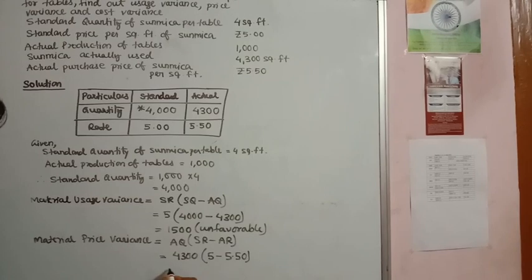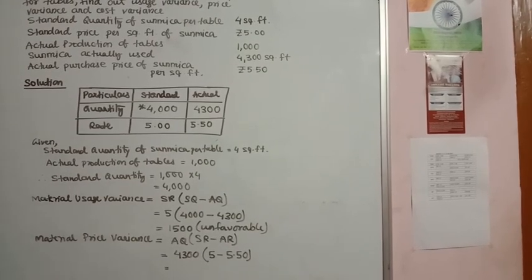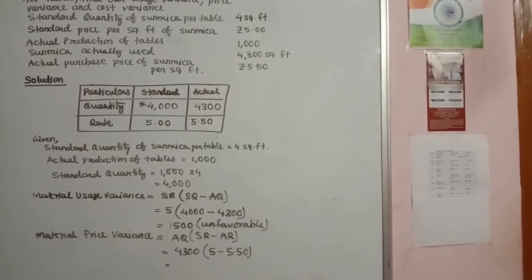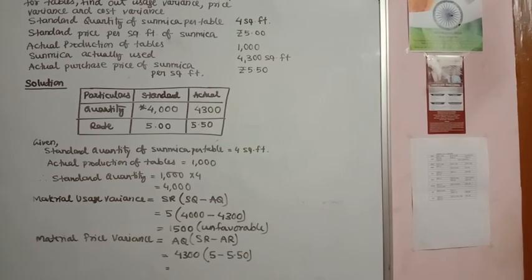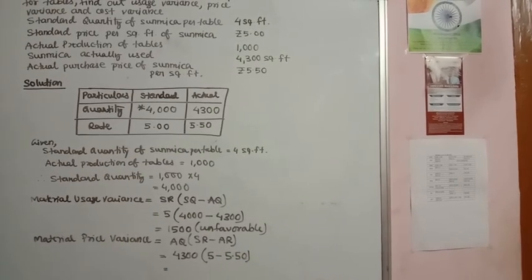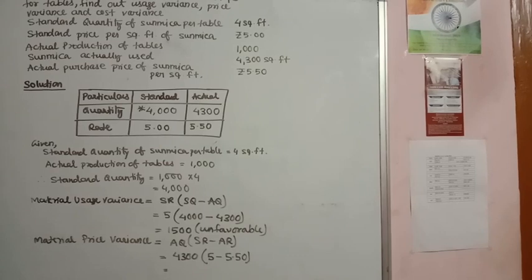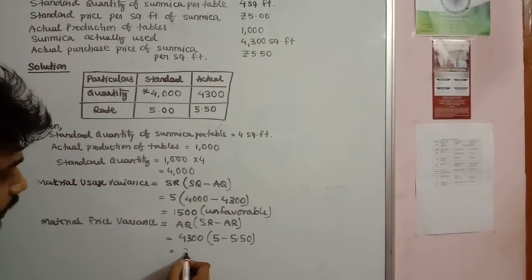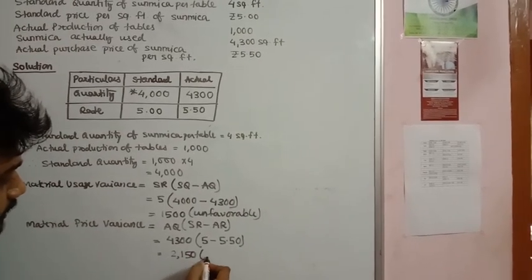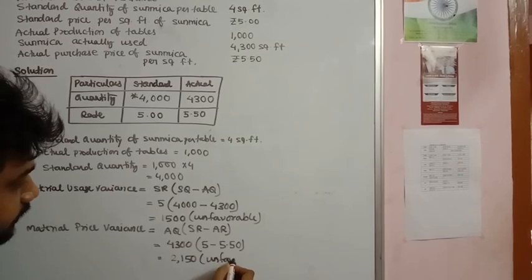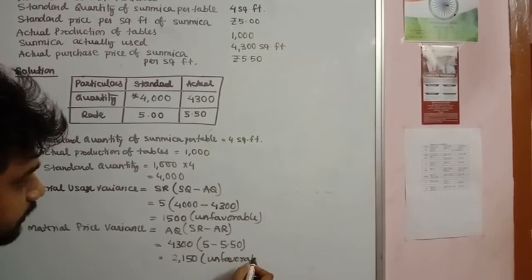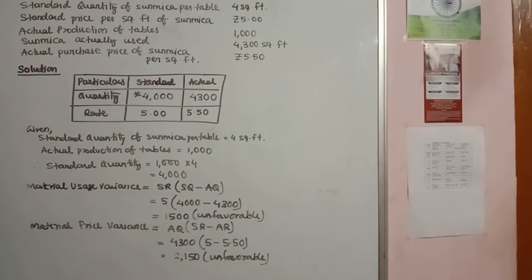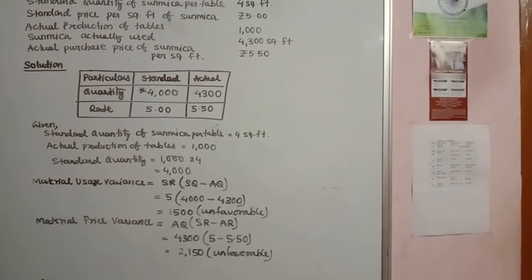So 5 minus 5.50, so 4300 into minus 0.50. Okay, so the amount of material price variance is also negative. It will come up to be 2150. Since the value is negative, we will write unfavorable.